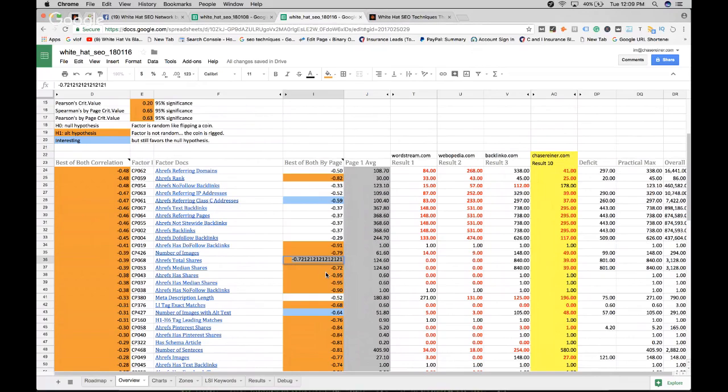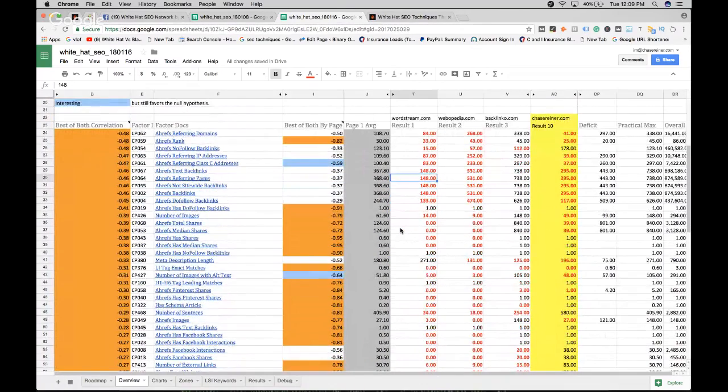The reason they're negative is that as you approach number 1 on Google, a normal SEO factor would have bigger and bigger measurements. If backlinks, for example, is the factor, as you approach number 1 on Google, you would want to see the backlinks measurement go up and up and up.